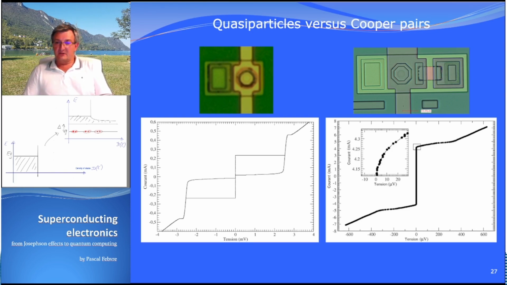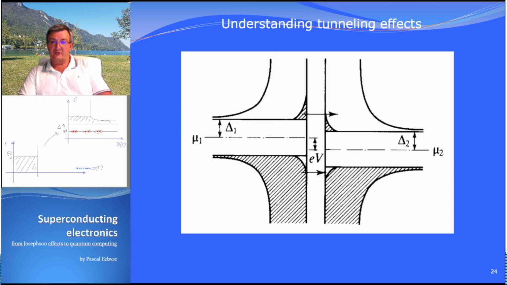And quasi-particles are electrons, so they are associated to a non-zero voltage, and basically the gap voltage here. It corresponds to this curve where you have this energy aligned with this one, or the opposite, this one with this one.